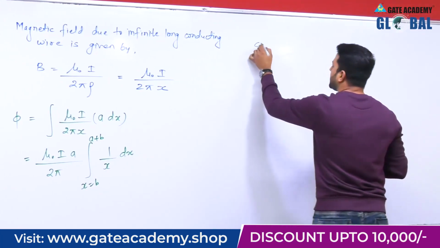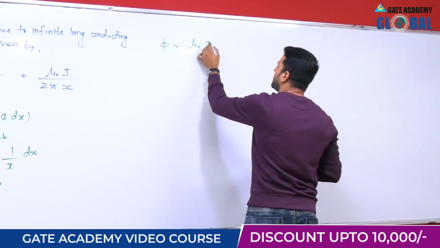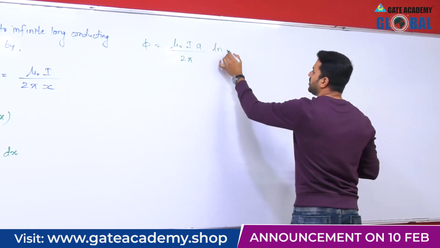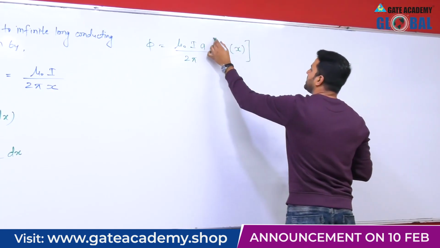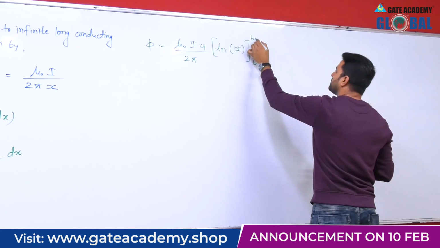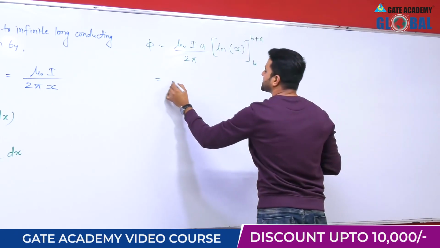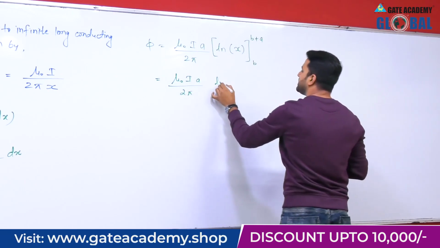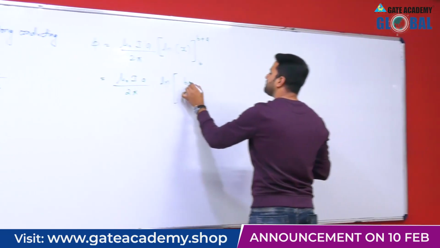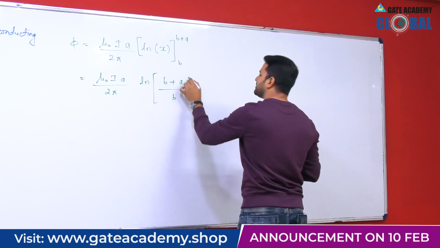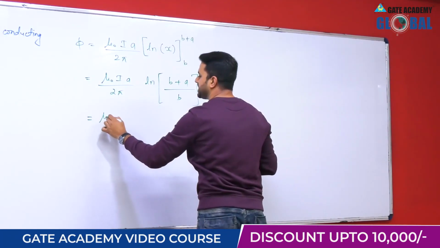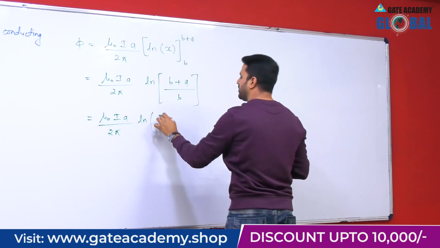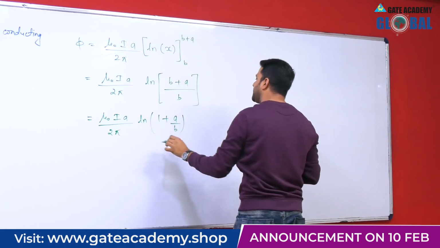Now the integration would be mu naught I into a divided by 2 pi, and this is natural log of x, with the limit from b to b plus a, which can be written as mu naught into I into a divided by 2 pi natural log of (b plus a) divided by b, which can also be written as mu naught into I into a upon 2 pi natural log of 1 plus a by b.